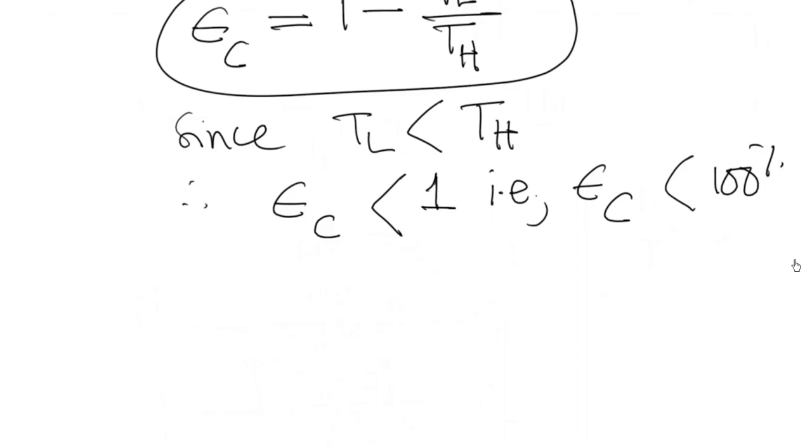It should be mentioned here that no real engine can have a thermal efficiency greater than that calculated from this equation. Inventors are continually trying to improve engine efficiency by reducing the energy Q_L that is thrown away during each cycle.